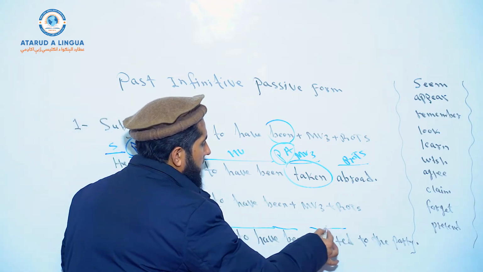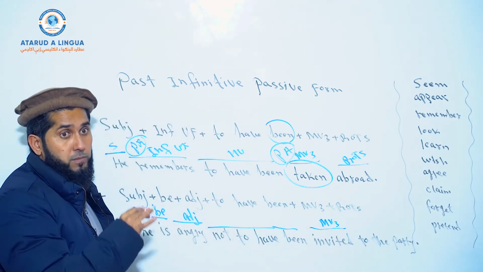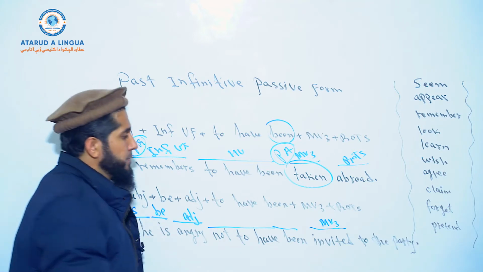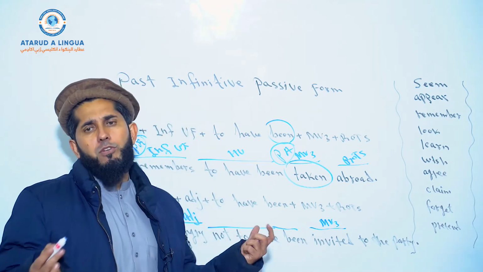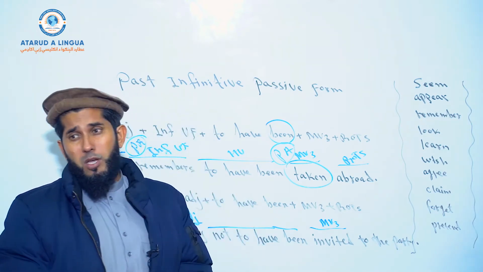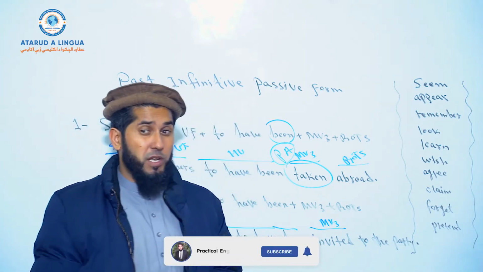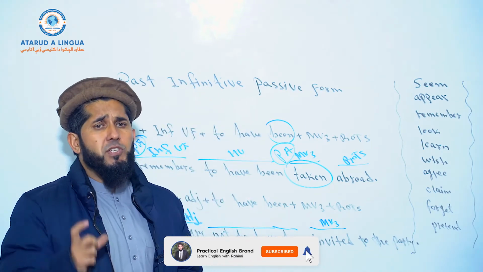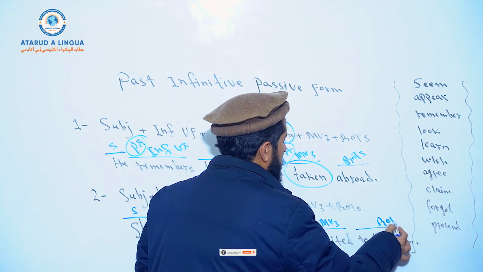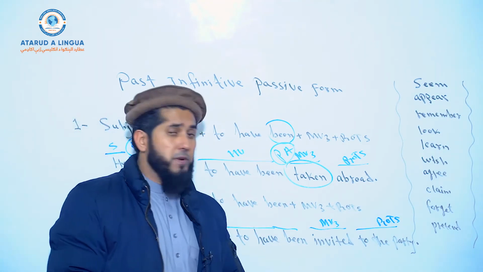And then invited is main verb, third form, transitive. Of course, that verb should be transitive or ditransitive, but not intransitive. And most of the times we use action verbs. There are exceptional cases. Sometimes we can use state verbs exceptionally, but most of the times we use action verbs in passive form. So, rest of the sentence. She is angry not to have been invited to the party.